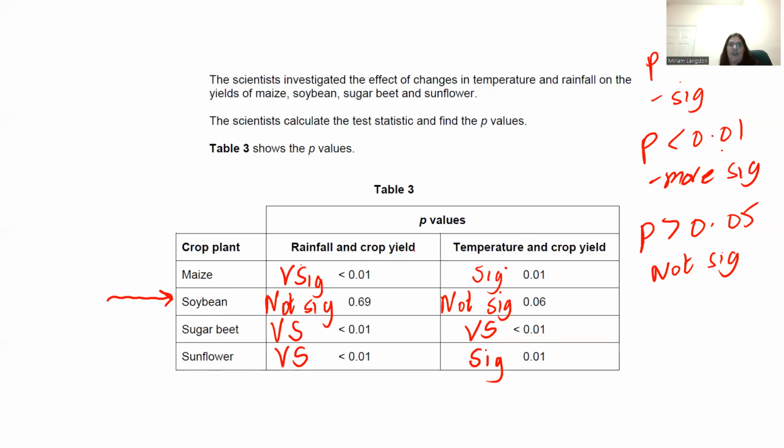There is less than 5% probability that the correlation is due to chance. In the case of rainfall and crop yield, the results for maize, sugar beet, and sunflower are all very significant. And sugar beet and temperature is also very significant. So this tells you the information straight away. You need to look at the p-values that you are being given.